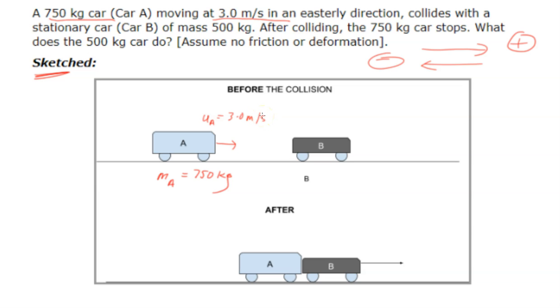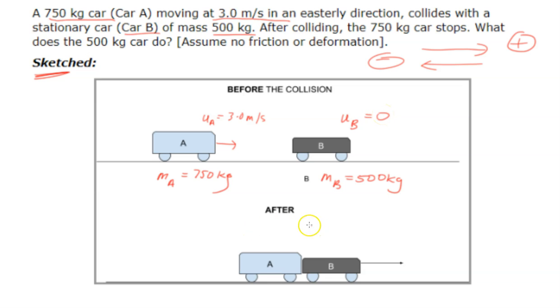It collides with a stationary vehicle labelled car B. The mass of B is 500 kilograms. Now, what is its initial velocity? It's 0. So the initial velocity of B is 0.